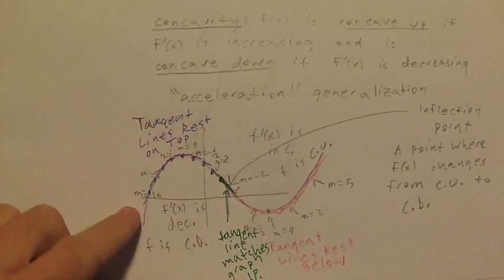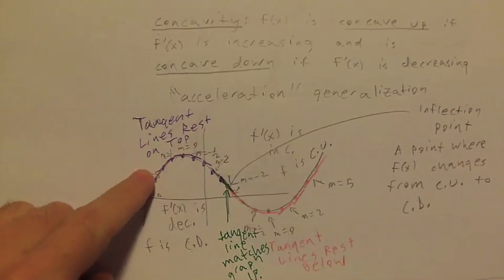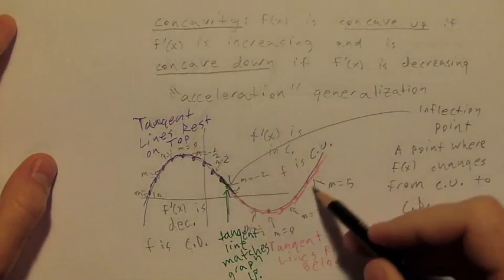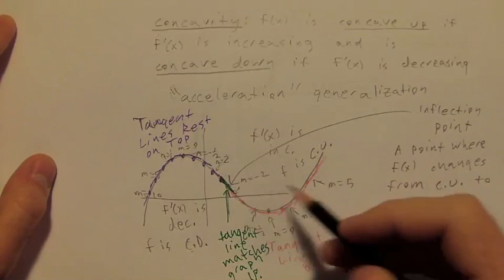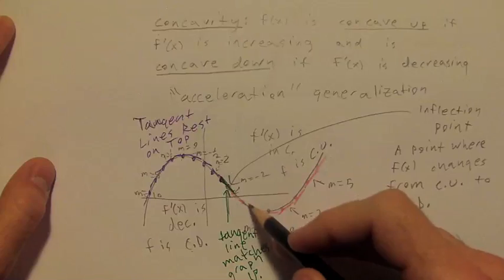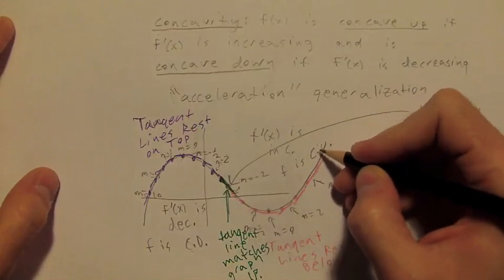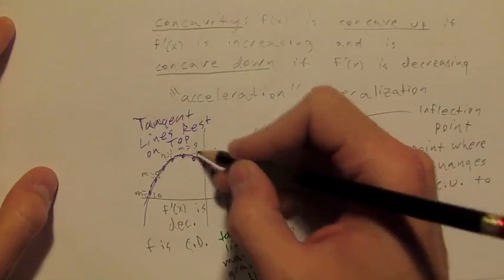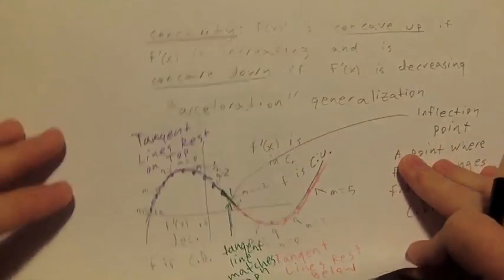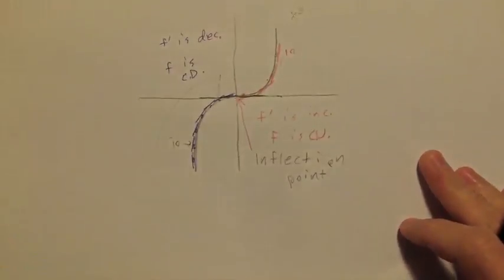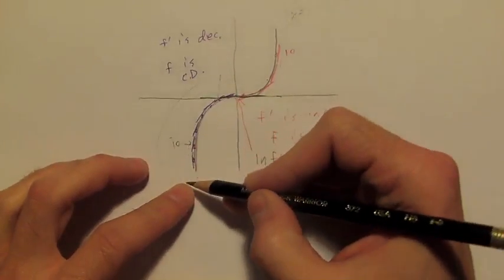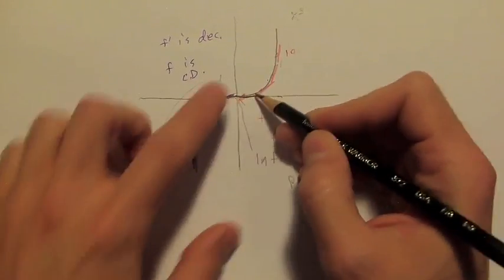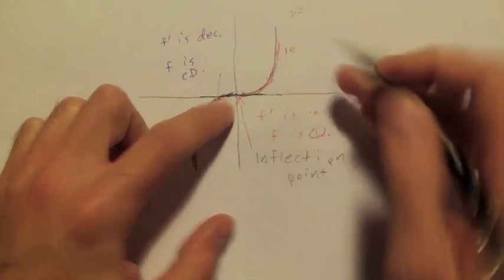But does everyone see here when you're concave down, or specifically, a concave up makes a U, or I like to say is a smile, but you can think of concave up, CU, it makes a U. And then concave down is a frown. So that's one thing to keep in mind here. Here, concave down, you see the graph is frowning on this side of 0, and it's smiling on this side of 0.